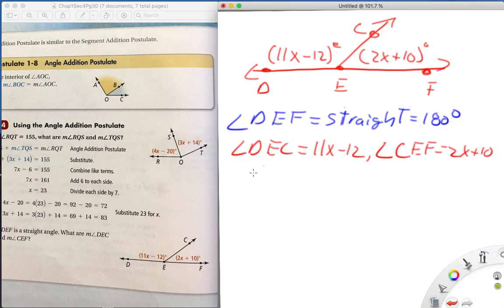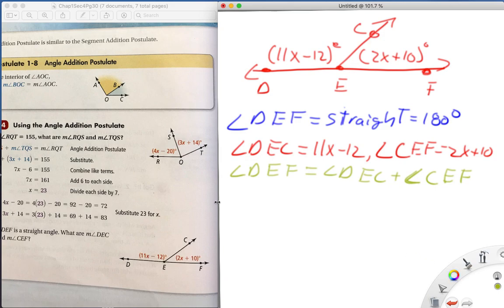I also have the overall angle DEF, and using the angle addition postulate, that is equal to angle DEC plus angle CEF.